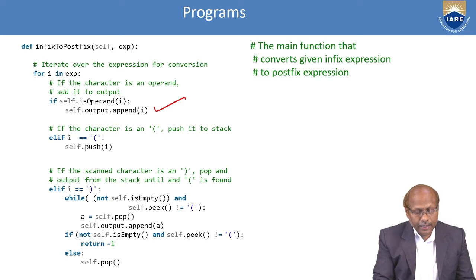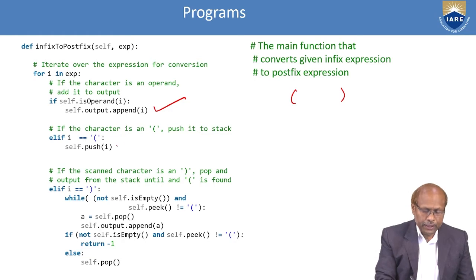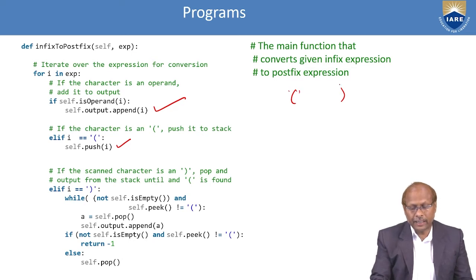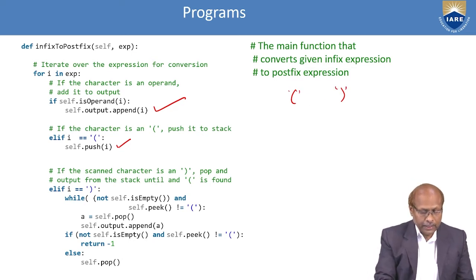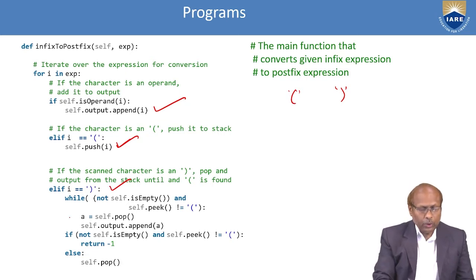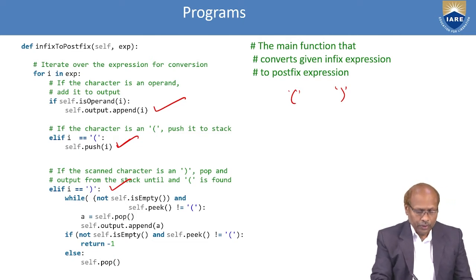Sometimes there may be an open parenthesis and a close parenthesis. If an open parenthesis comes, push it directly. Whenever a close parenthesis comes, you have to pop out until the opening parenthesis comes. For that, you wrote these two conditions. You process this until you reach a lower or equal priority, and this process continues.